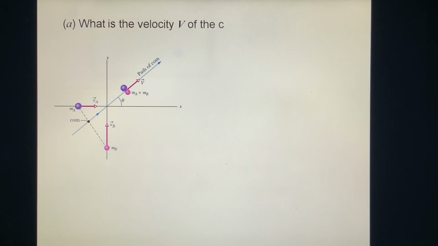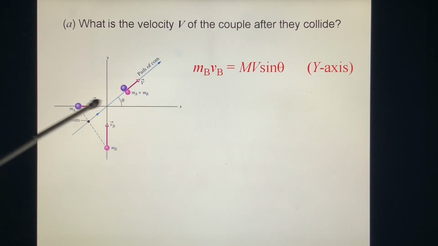Question A. What is the velocity V of the couple after they collide? That's very simple. In the y direction, before the collision is MBVB, and after the collision is big M V sine theta.